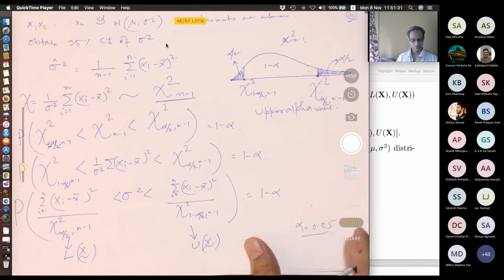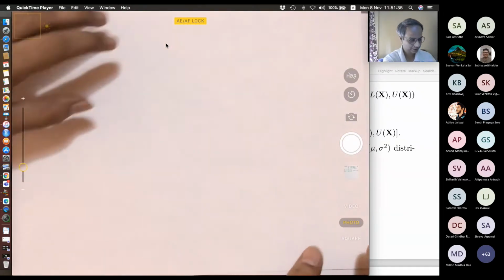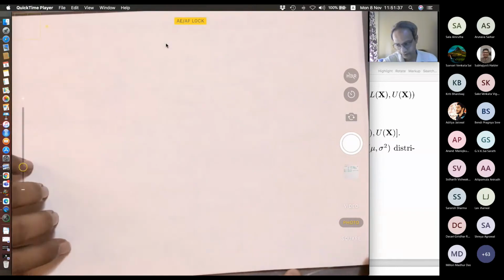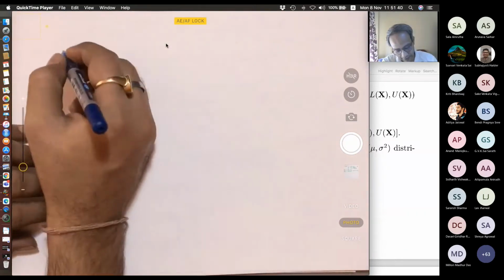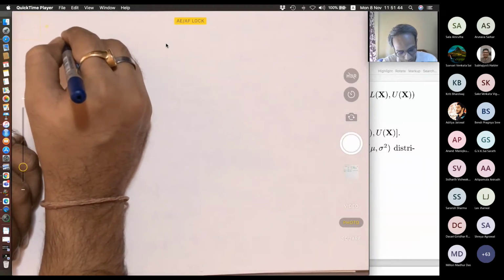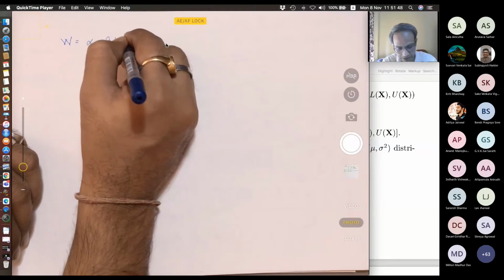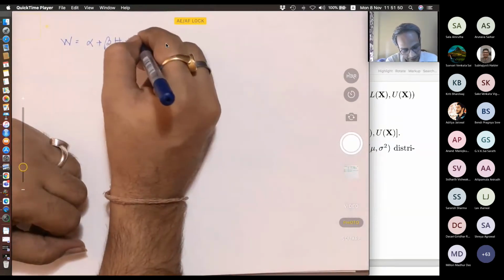Well, now let us go for the example that we were talking about, the height-weight distribution. This is usually a regression problem, where your weight is some alpha plus beta times your height, plus some error.